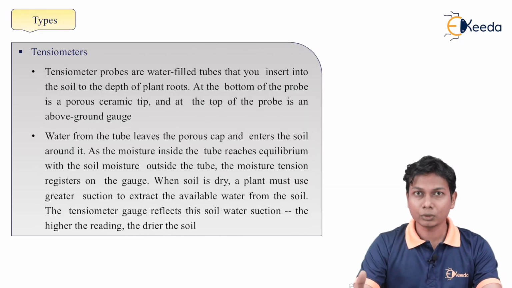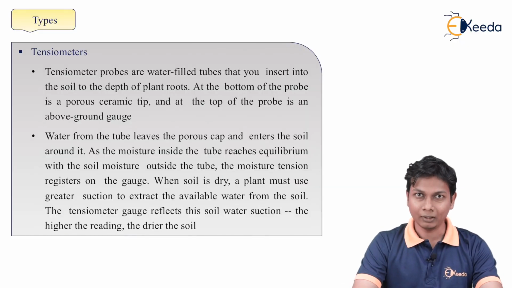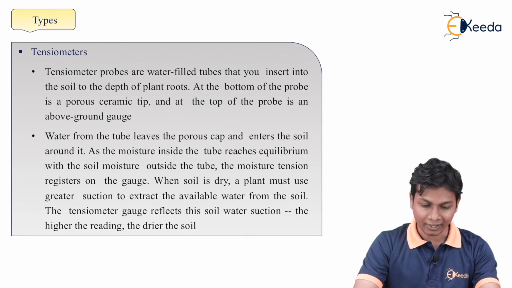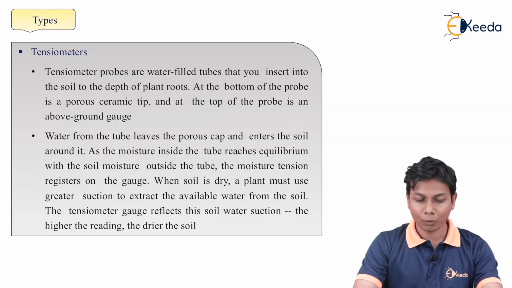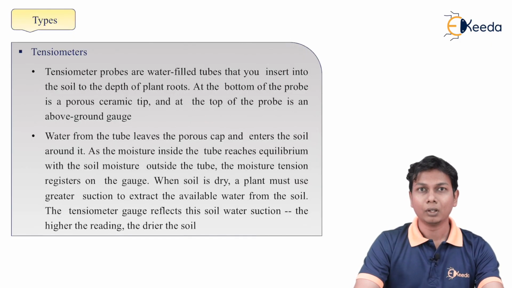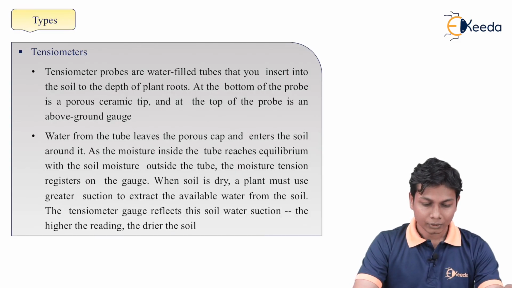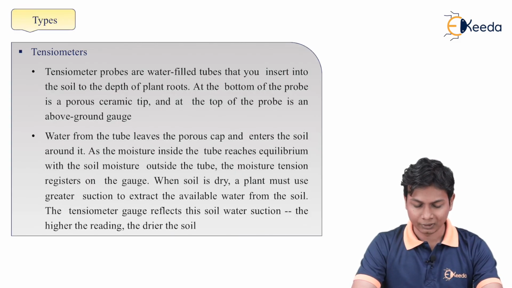So two parts are present: one is at the end, at the plant roots, a porous ceramic tip, and the other is the above-ground gauge. The water from the tube leaves through the porous cap and enters the soil around it.